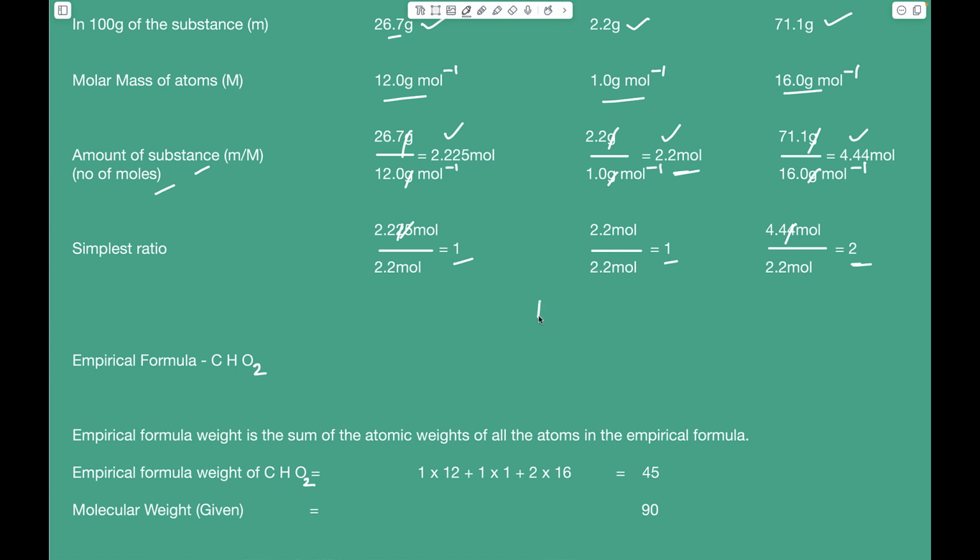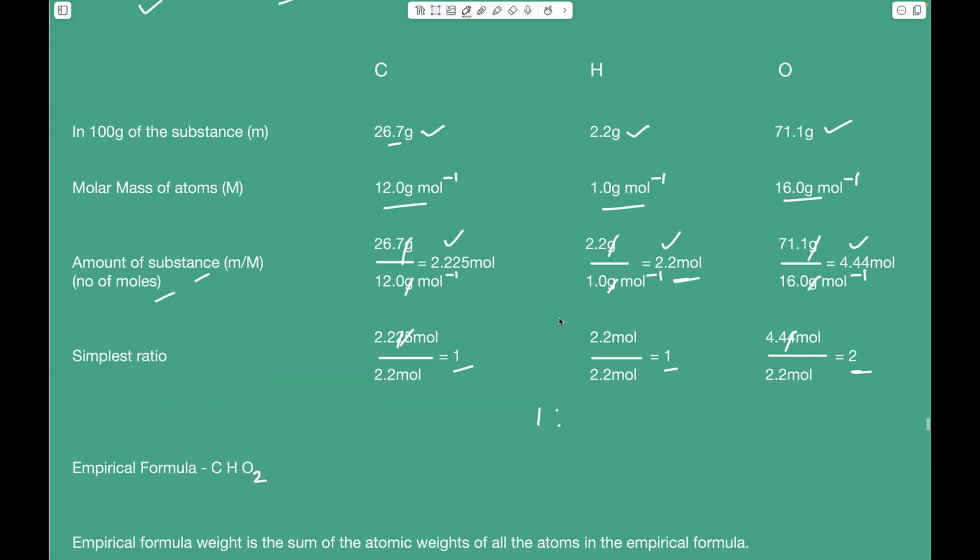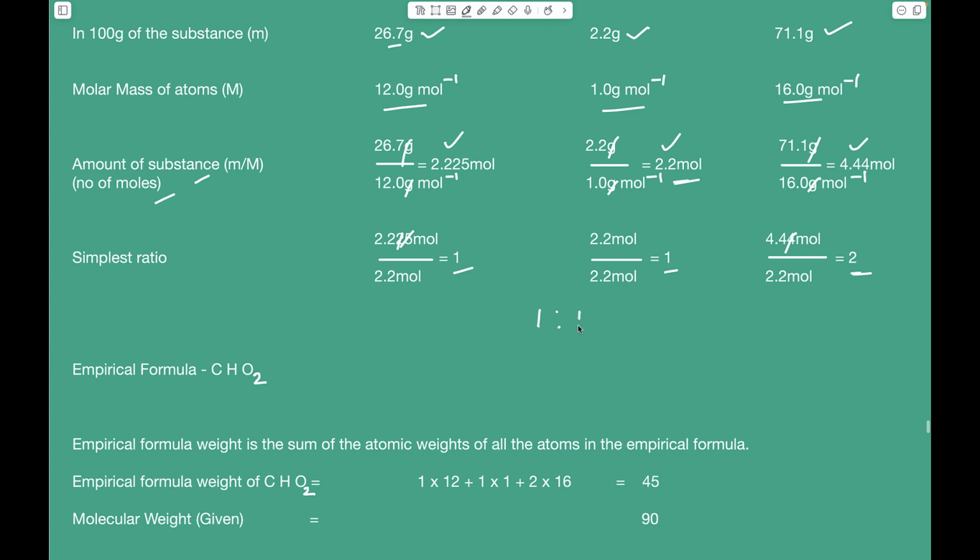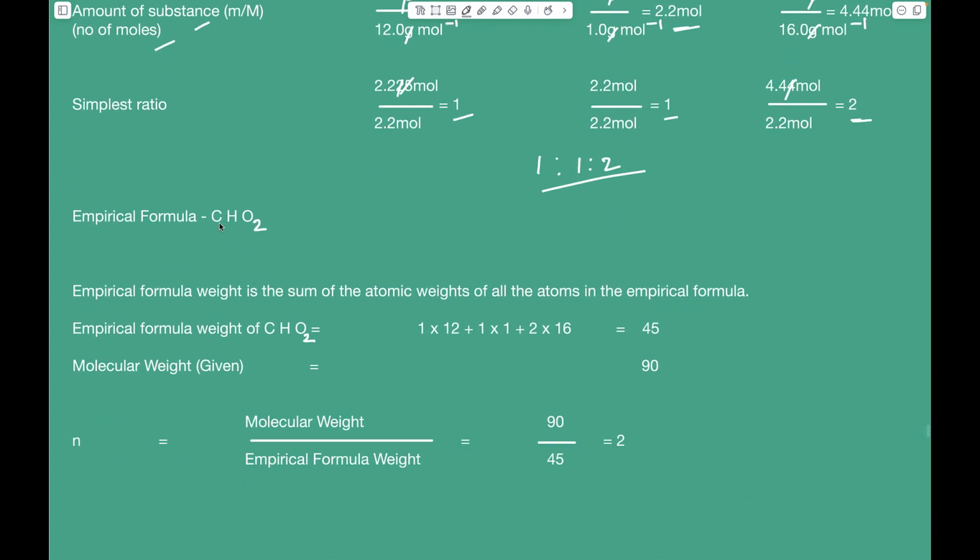So the simplest ratio of carbon, hydrogen and oxygen atoms in one molecule of that compound is 1:1:2. So the empirical formula of this compound is CHO2. Then how do you get the molecular formula?